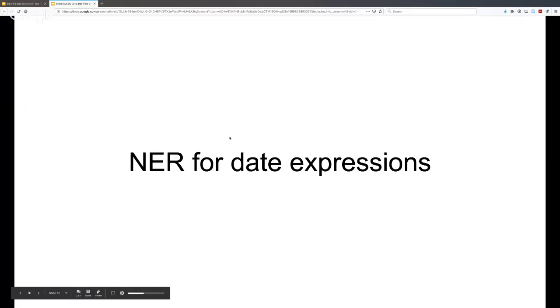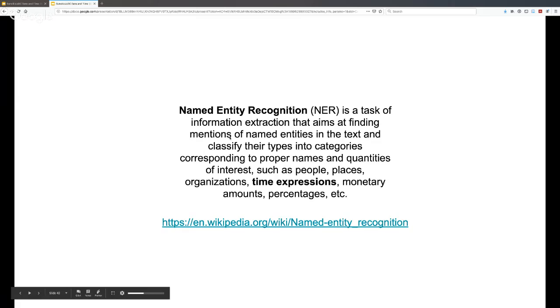Now, very briefly, named entity recognition. Named entity recognition is a part of NLP, natural language processing, for trying to extract information from unstructured data. And the goal, as you can see here, is to find mentions of named entities in the text and classify their types into categories corresponding basically to proper names and quantities of interest.